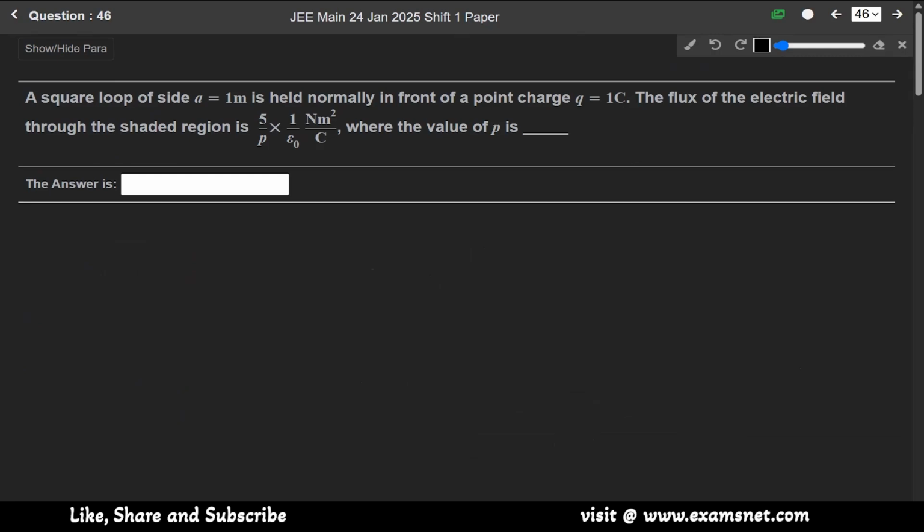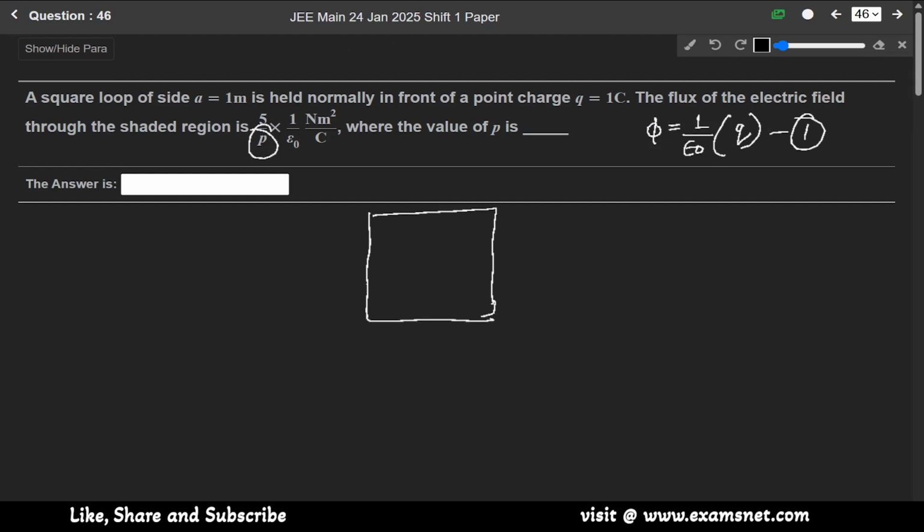So we have to find the value of P. Flux of electric field: from Gauss's law, flux is equal to 1 over epsilon naught times the total charge enclosed by the surface. We are given a square loop whose side is A equals 1 meter.